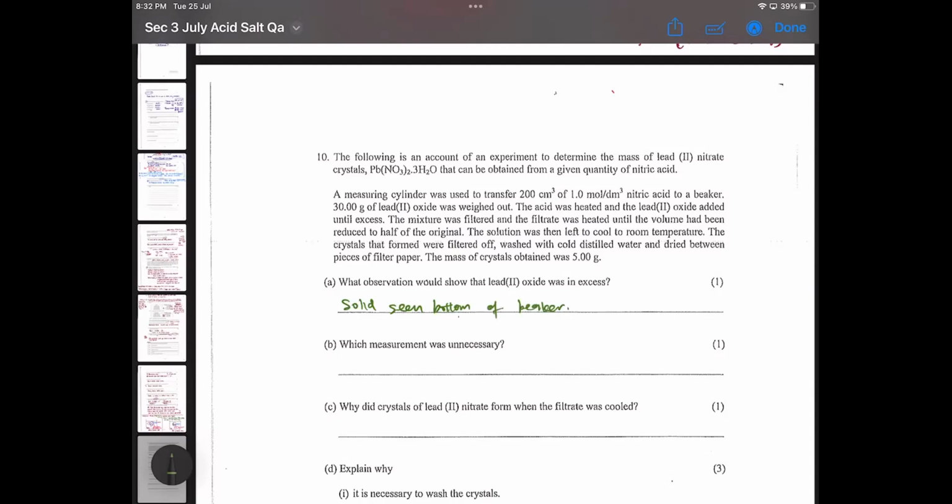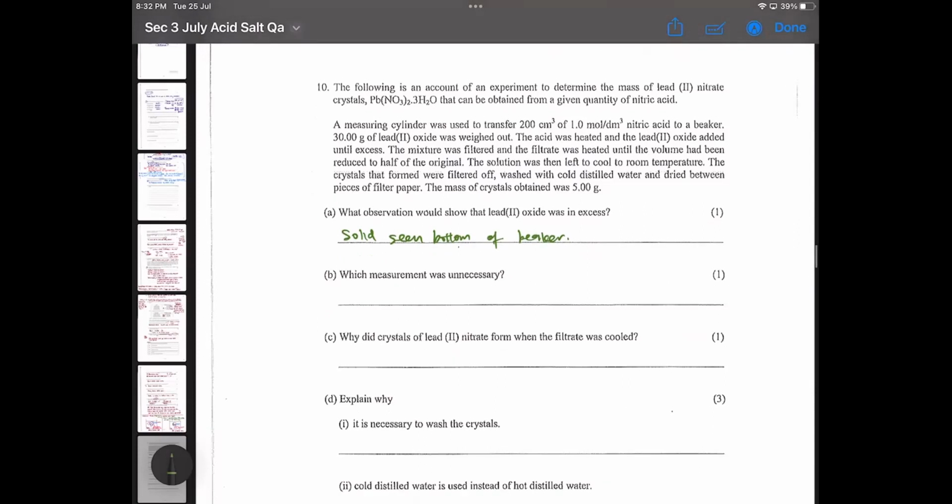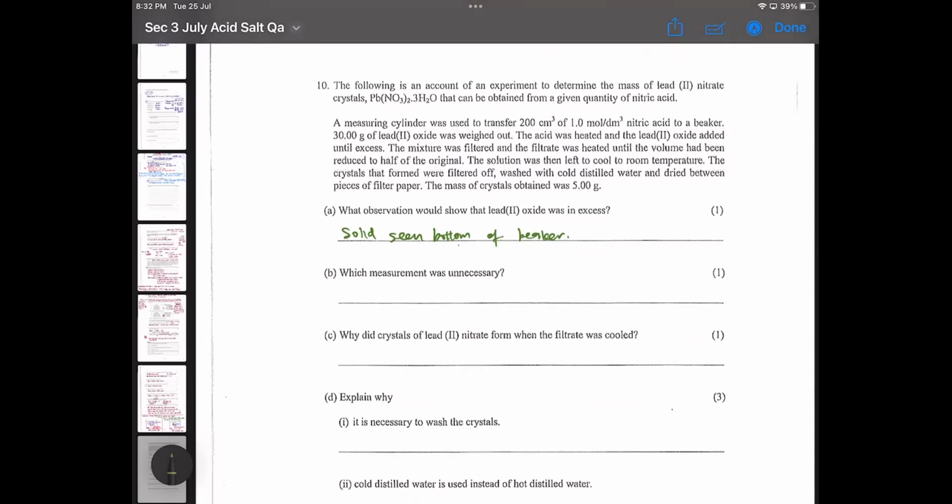Which measurement was unnecessary? You know what? Which one do you think was unnecessary? All the things that he was measuring, there was one thing that's not necessary. This one they pack the question to a higher level.